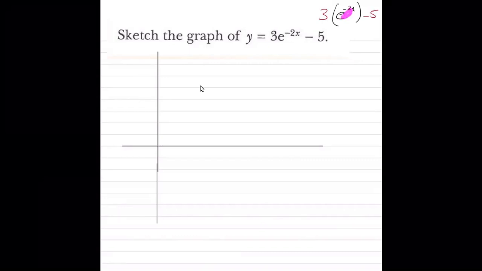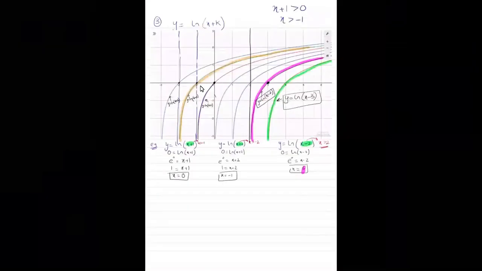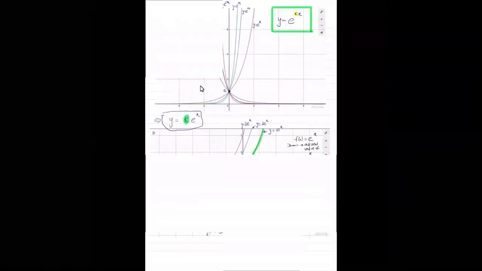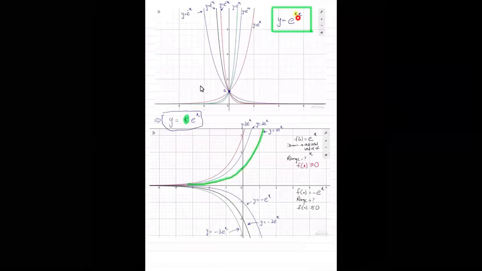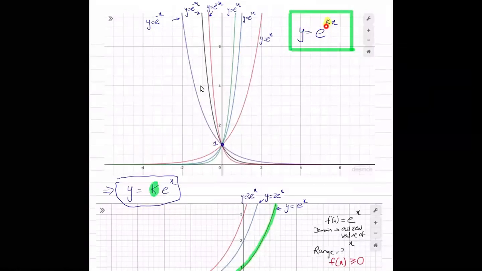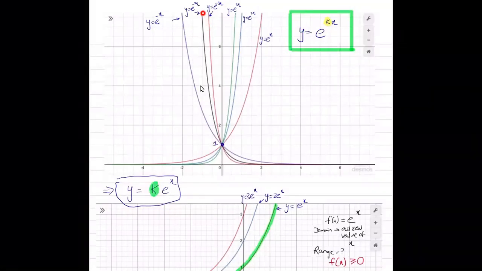First of all, I need to sketch this e raised to the power of minus 2x. So can you refer to your notes and see how the graph of e raised to the power of minus 2x was? Yeah, it was slightly steep from the left side. So if this value of k is minus 2, I would be expecting this graph.